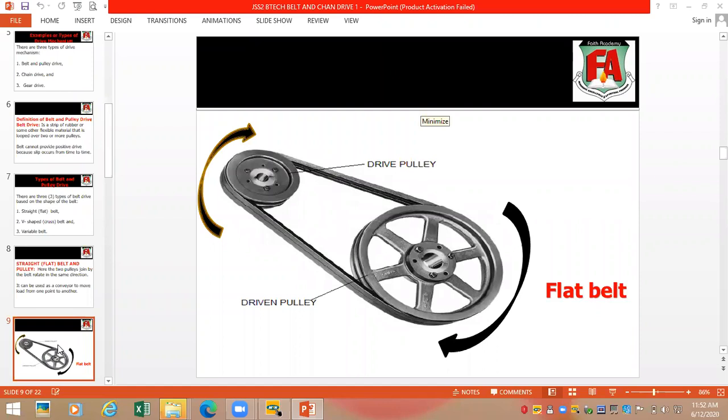Because it is the most common flat belt and pulley we have around us. There are other machines that make use of flat belt, but I'm just restricting myself to this tomatoes grinding machine because it is common to us. It is something that many of us have seen before now.